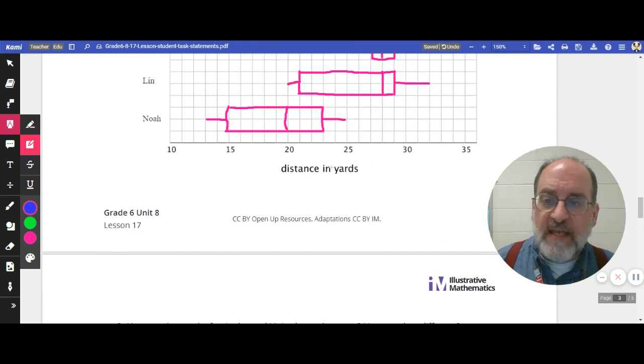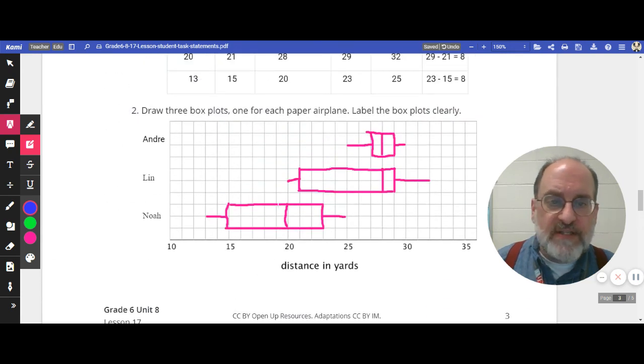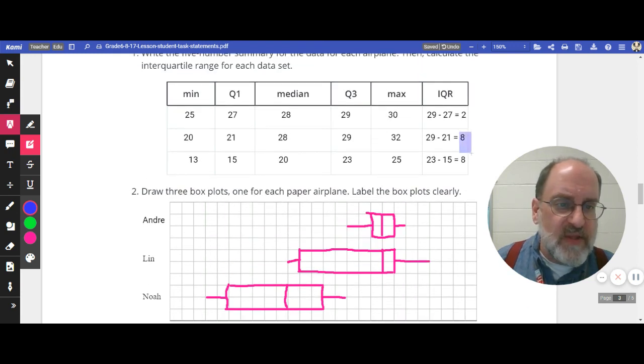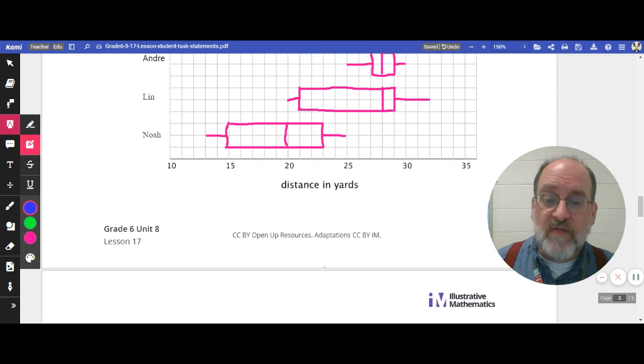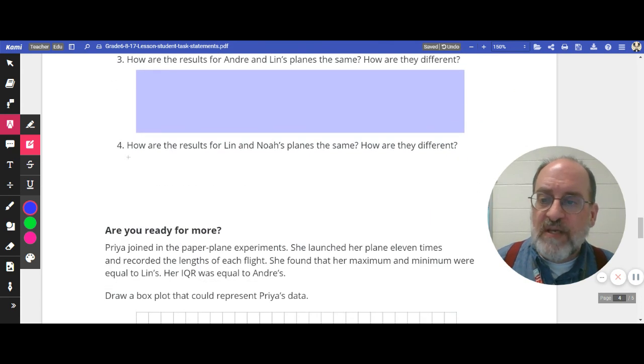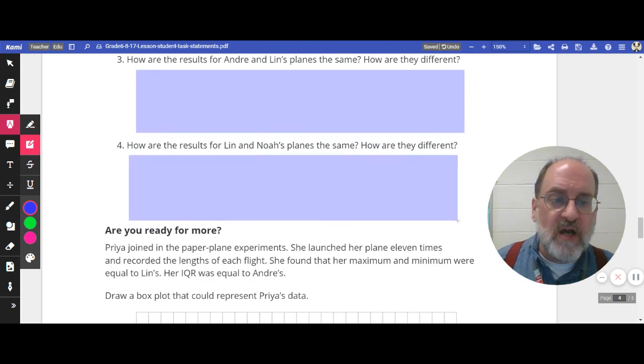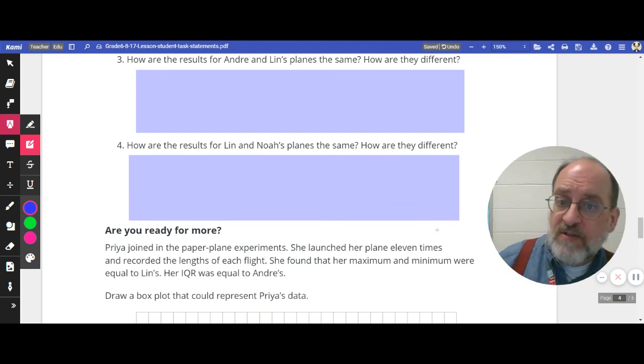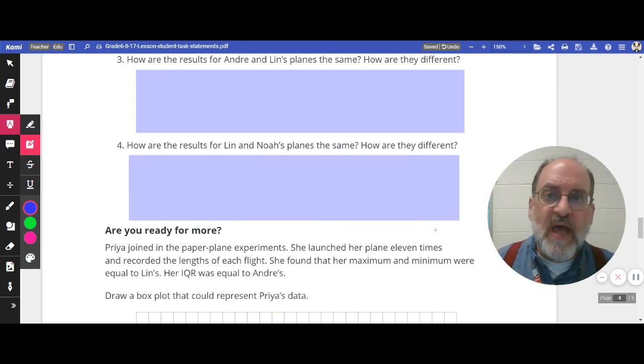And then you're talking about Lynn and Noah's planes. What's the same about these? You might not think a lot is the same, but there is something that's the same right there. But there's also something that is very, very different. So please, using the language of IQR and medians, talk about what's the same and what's different.